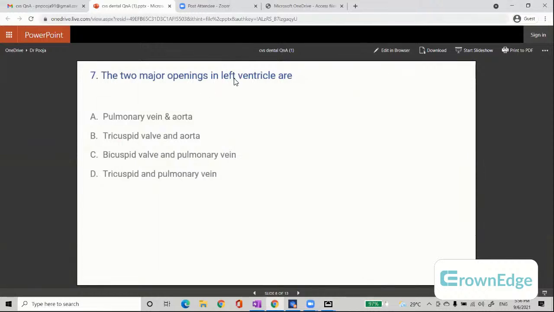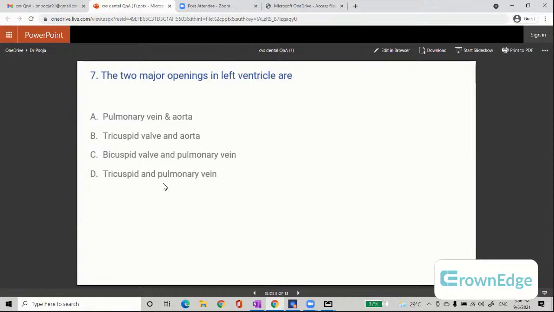So in the left ventricle, we do have aorta and we do have mitral valve. And this mitral valve is nothing but the bicuspid valve, and aorta.